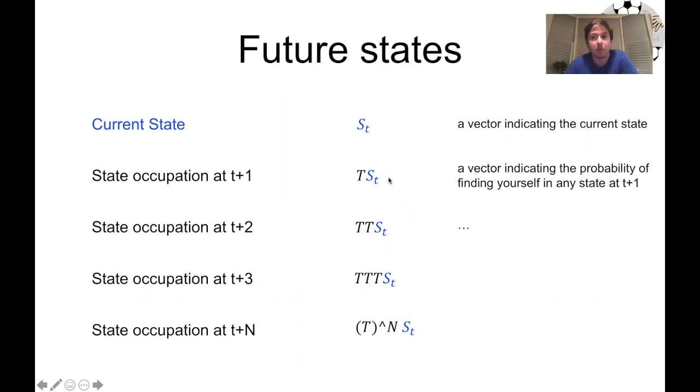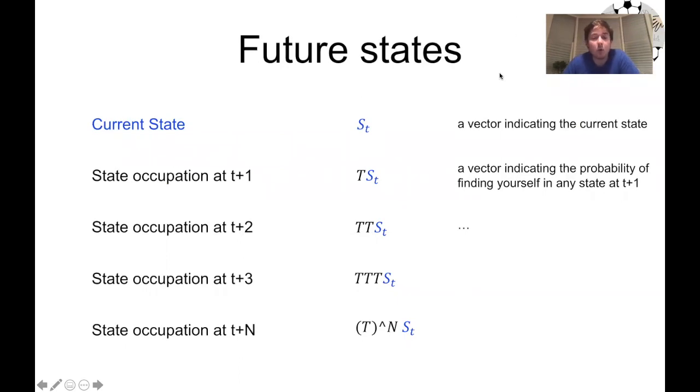You can calculate the probability of finding yourself in any state in 2 events' time by multiplying S by the transition matrix twice, and so on, such that if you want to calculate the probability of finding yourself in any state at any point in the future, you just have to continue multiplying S by the transition matrix.